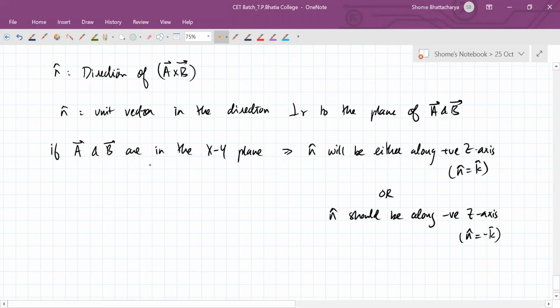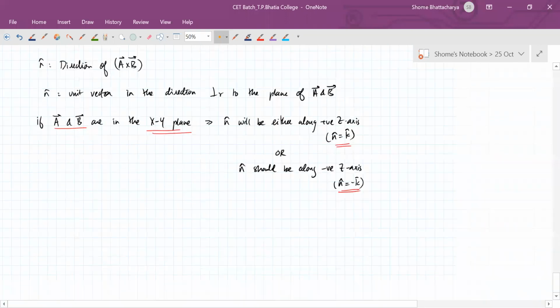Okay, so let us understand this with a diagram. If a and b are in the xy plane, then what we can say about n cap? This or this. Okay, so let's understand this geometrically.